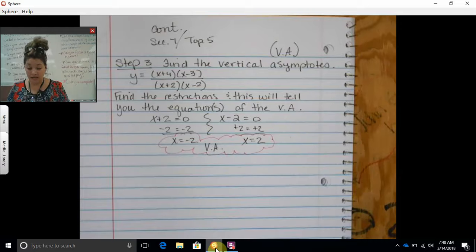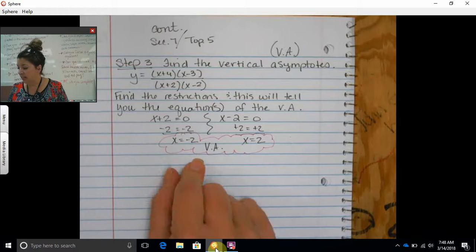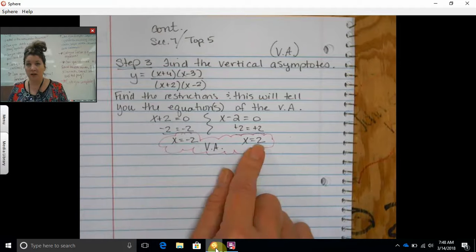Okay, so in a minute I'm gonna draw the graph and we're gonna start plotting some of this stuff, after we find out if there's any horizontal or oblique asymptotes. So this is confusing because you're like, wait, I thought x couldn't be -2 or +2.